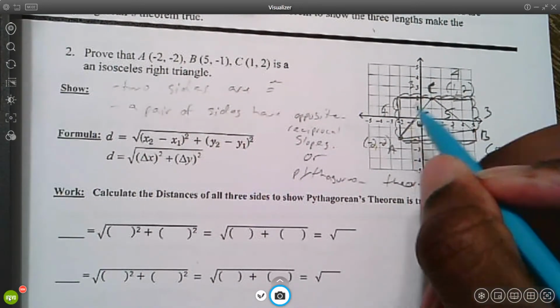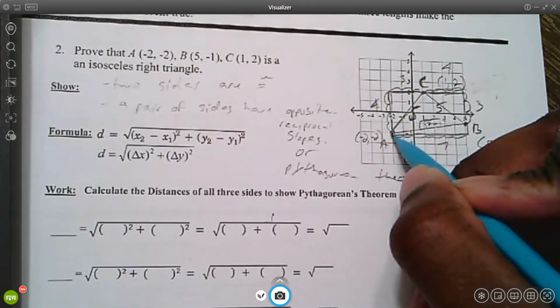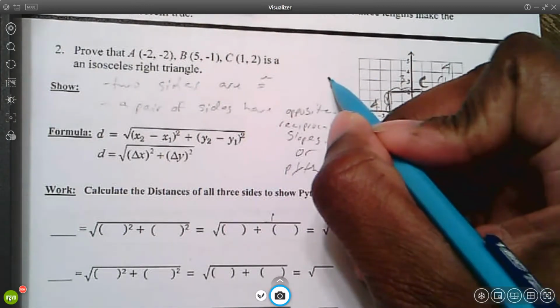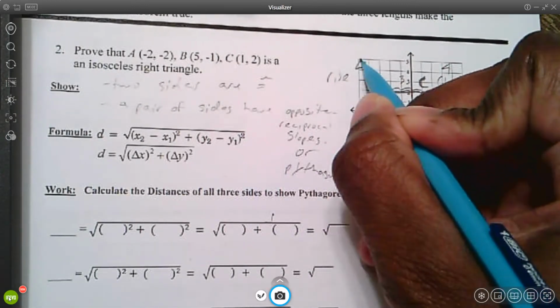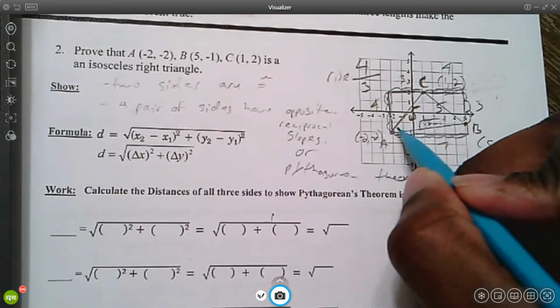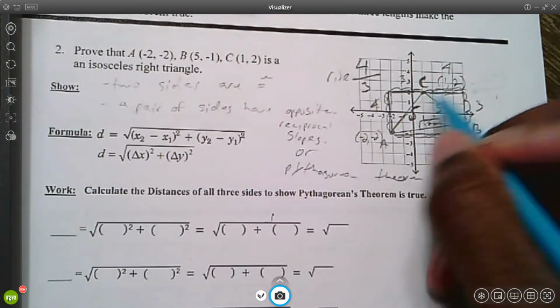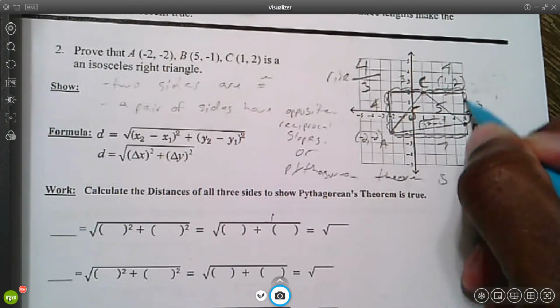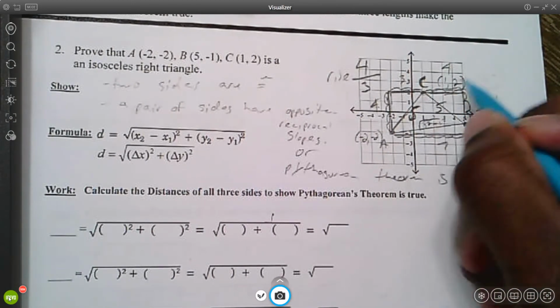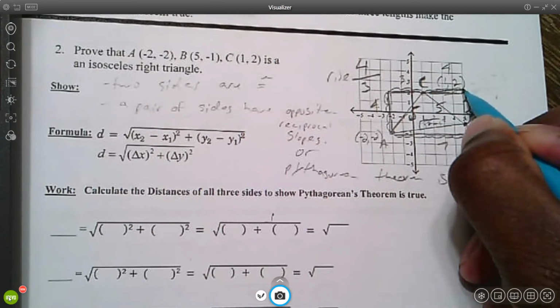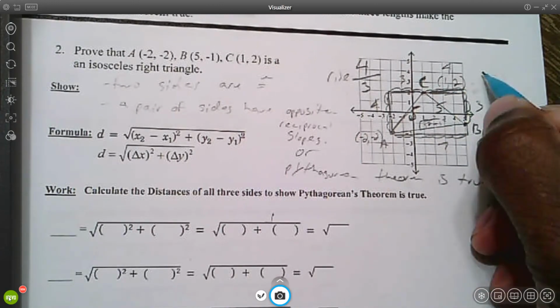So this side is, from this point to that one, I rise 4 and I run 3. So I rise 4 and I run to the right 3. That's a positive slope because I rose and I went to the right. From this point to the other, I go right 4, down 3.